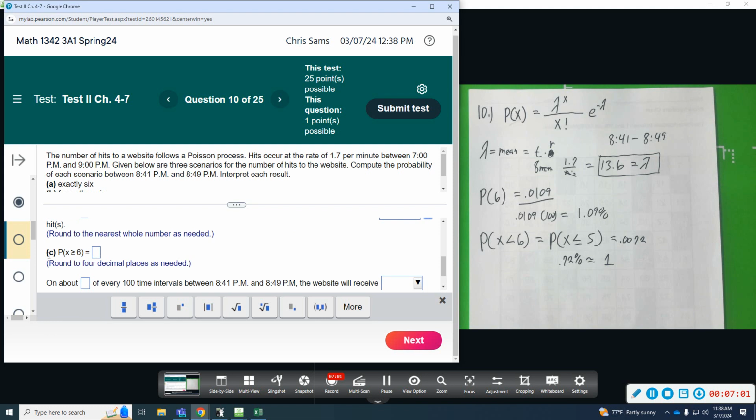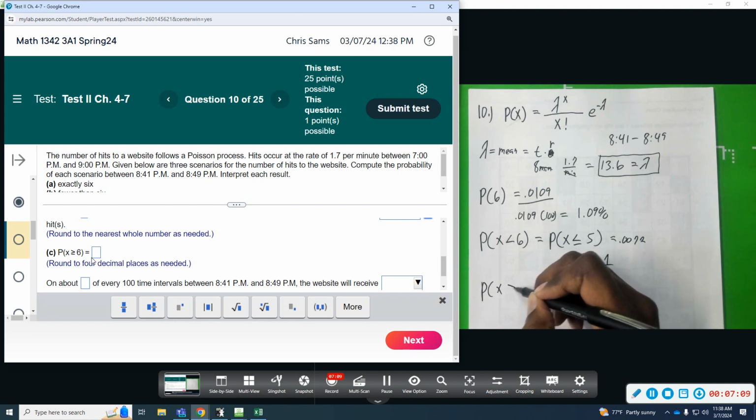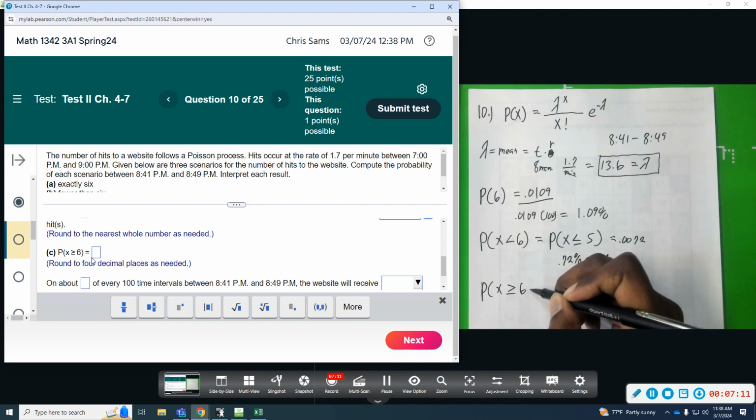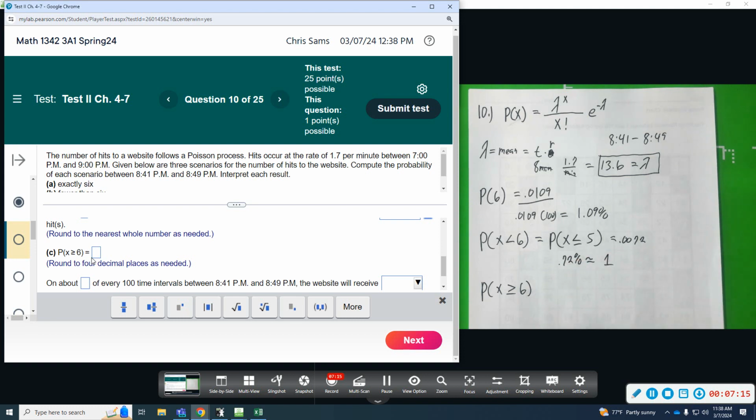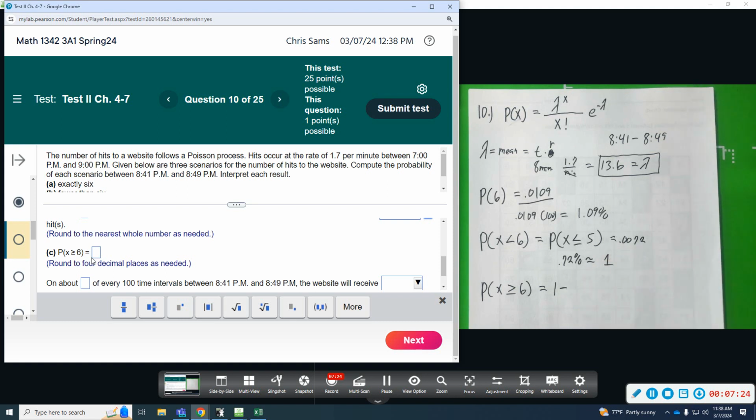And then this one wants greater than or equal to 6. So with greater than, the way we compute greater than is 1 minus the probability that we're less than, which is what we just got here.